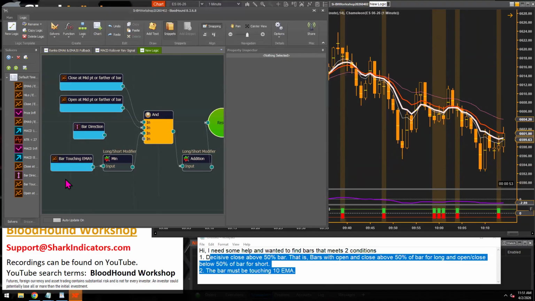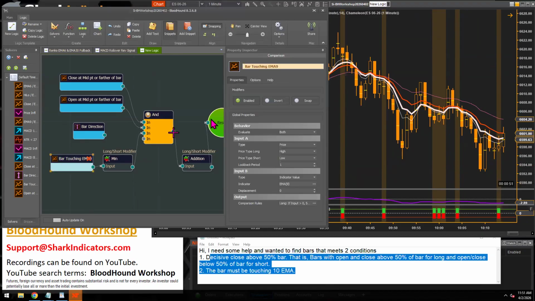What's the name of the solver? Oh, this is the comparison solver. You can see what the solver is up top there. This name is adjustable. This is the solver itself. If I click on the bar direction, there you go, bar direction solver.